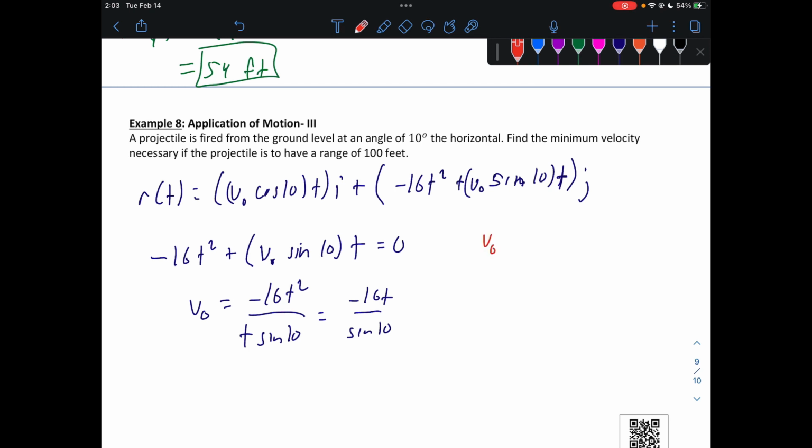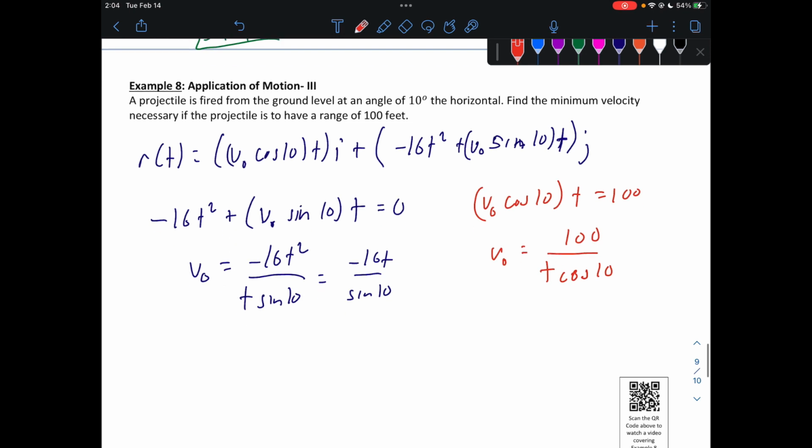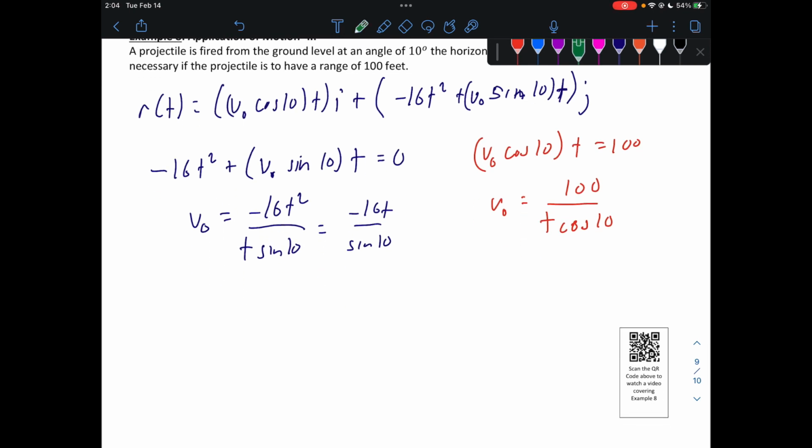All right, we want the x-coordinate to be 100. So I'm going to set the x-coordinate equal to 100. So then v sub 0 would equal 100 over t cosine 10. Now we can set those two equal to each other since they're both equal to v sub 0. So negative 16t over sine 10 equals 100 over t cosine 10.